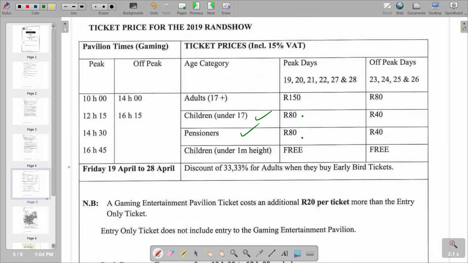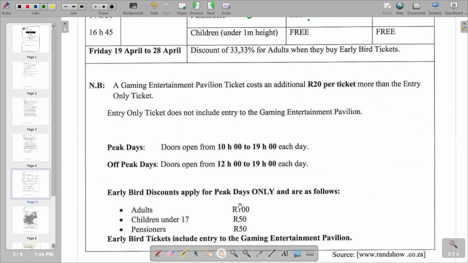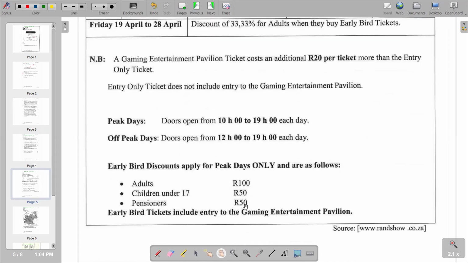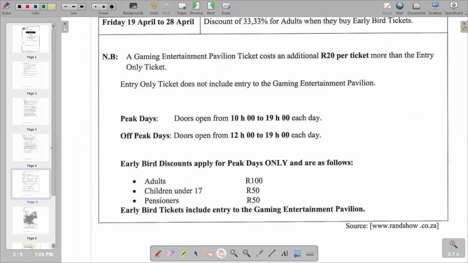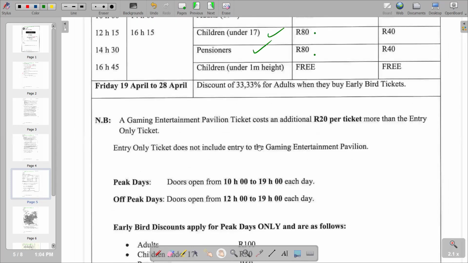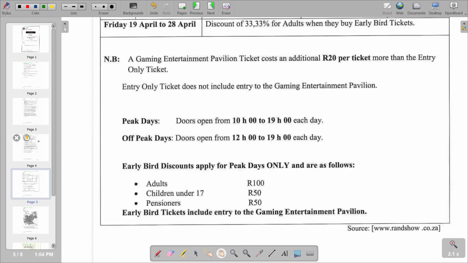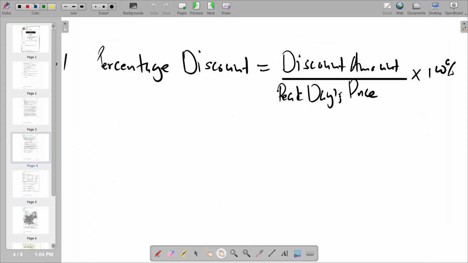With that, if we go to our early bird discounts, you'll see that the price is now 50 rand for both children under 17 and pensioners. So it has reduced from 80 to 50. For our numerator, we calculate the decrease, which is 80 minus 50 to get 30.